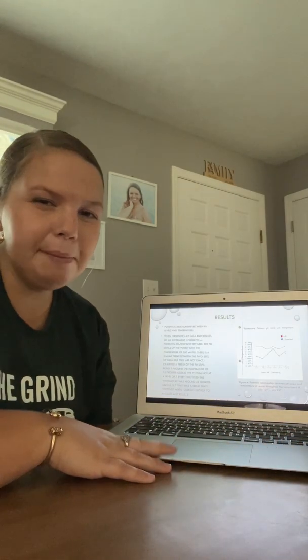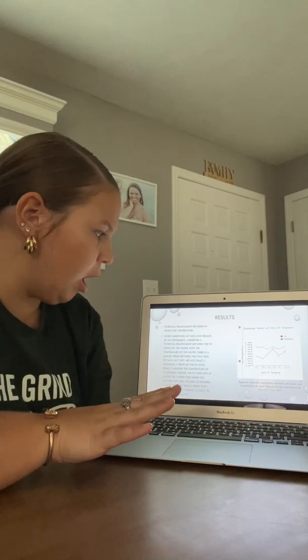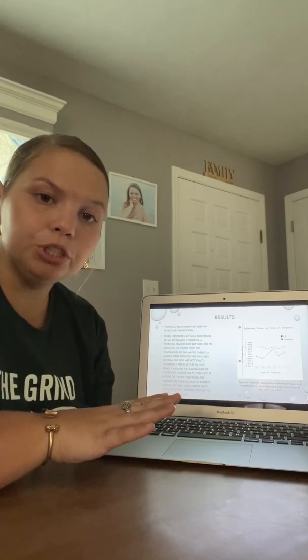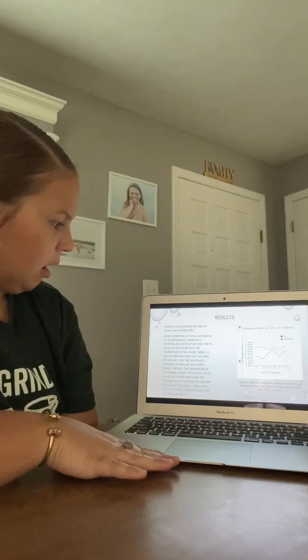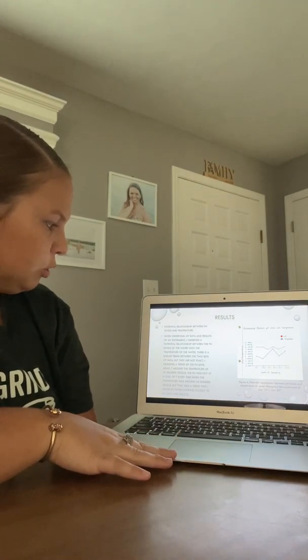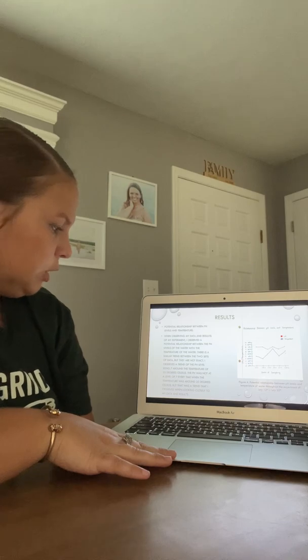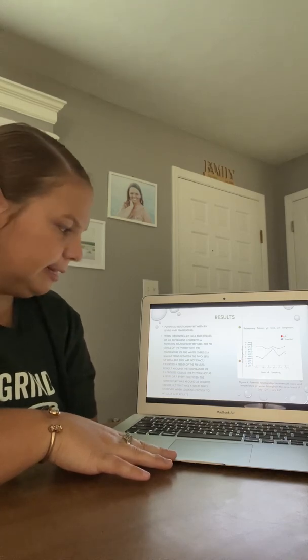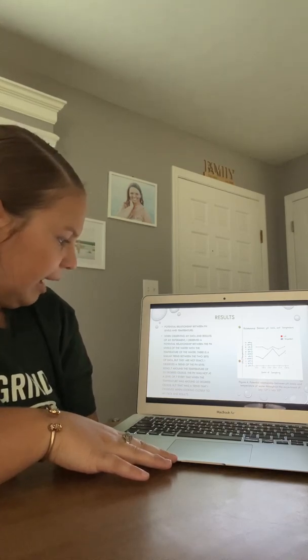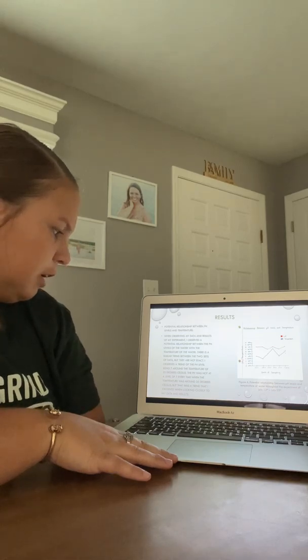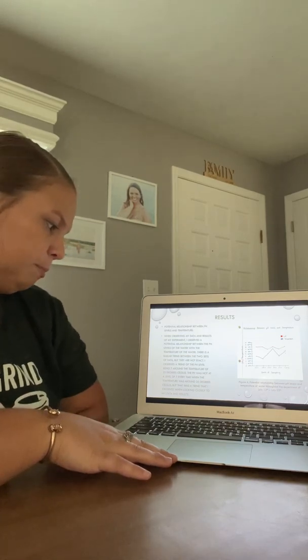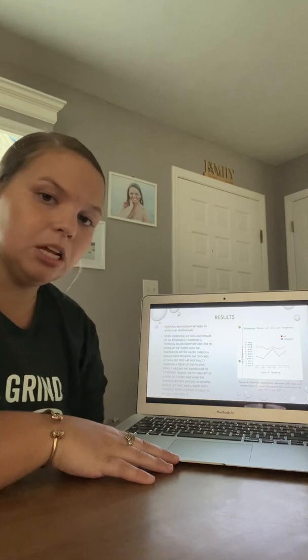I found a potential relationship between the pH levels and the temperature, so I'll just explain that. When observing my data and results, I observed a potential relationship between the pH levels of the water and the temperature of the water. There is a similar trend between the two sets of data, but they are not exact. I observed a trend of the pH level being 7 around the temperature of 25 degrees Celsius.